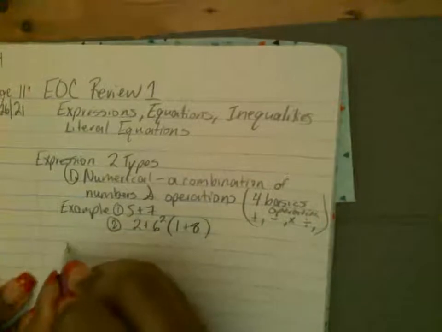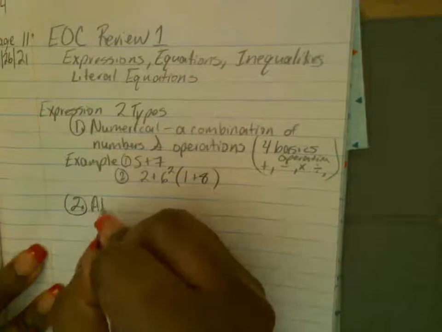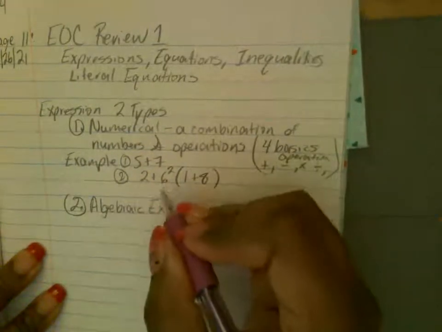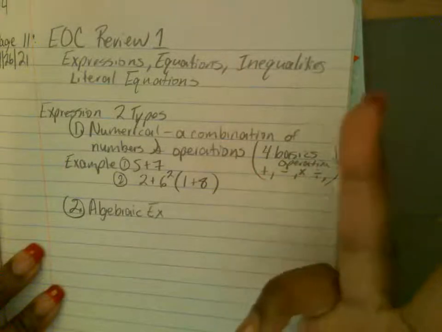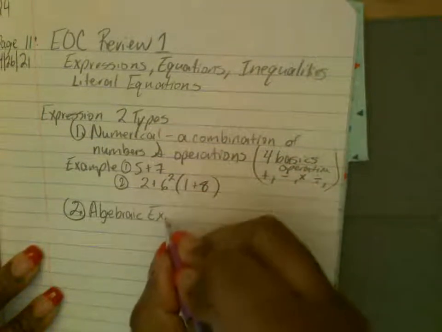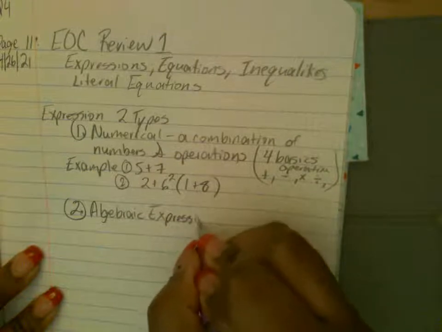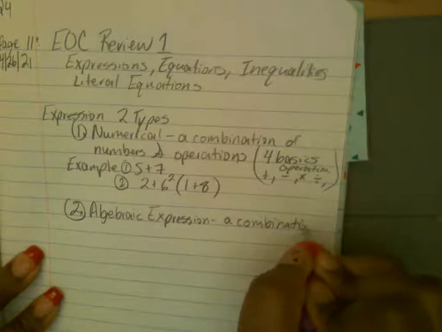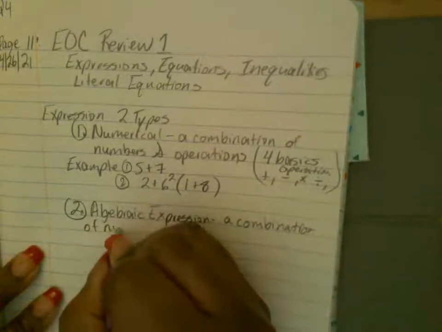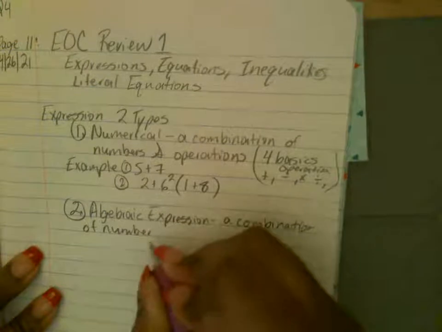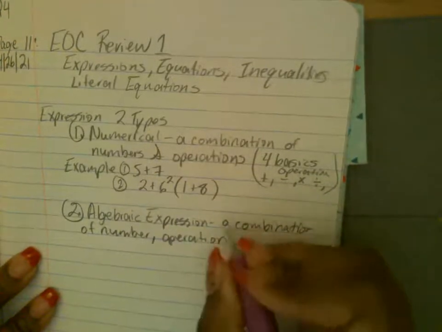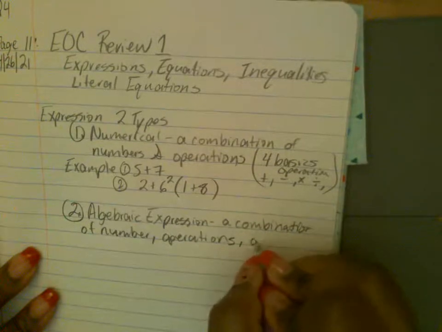All right. So the second kind of expression is your algebraic expression. Your algebraic expressions are a combination of numbers, operations, and this time variables, okay? Remember our operations are addition, subtraction, multiplication, and division, and variables.